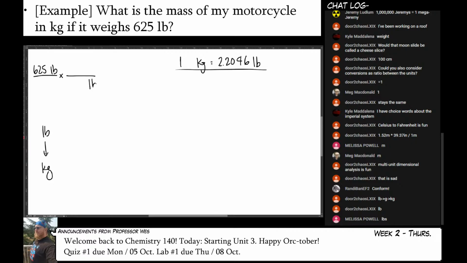We're going to put pounds there. Good. Those will cancel. We'll put kilograms on the top. Since that's our only conversion, that's going to be our units for the answer.